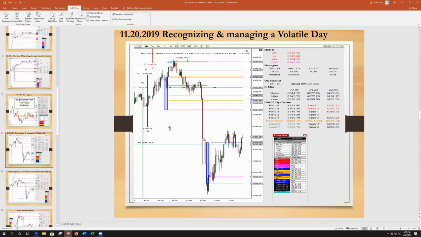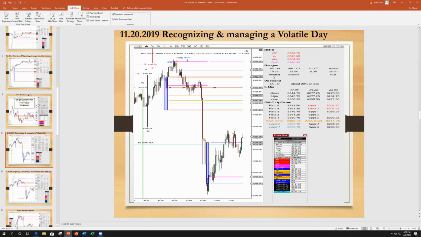We're looking at now a NASDAQ chart of 11/20/2019. We see a strong DMIC2059 time and price reversal signal. Under ranges, we see the signal neutral, indicating a volatile day is probable.